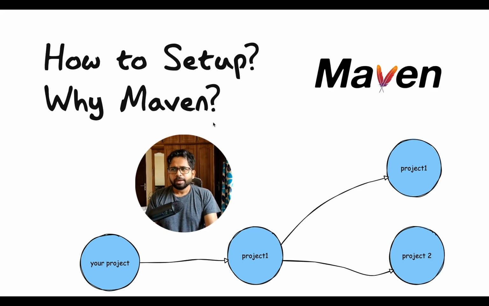Now, when you do that, you might have to write some code, and that code will be common. Let's say you are writing code to connect to a database, then there will be some code written by you. Likewise, there will be somebody else who is writing the code, and for them also the same thing would happen, that there will be some common code for connecting to the SQL database.